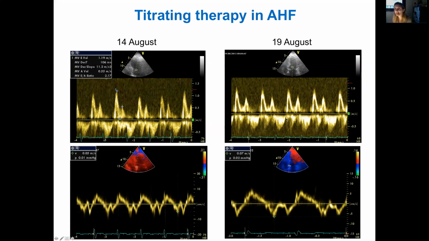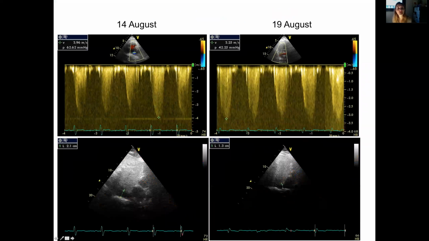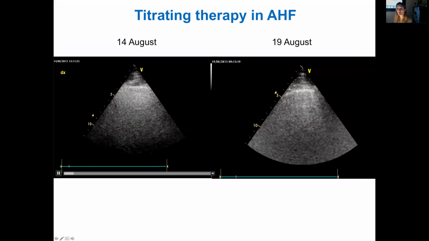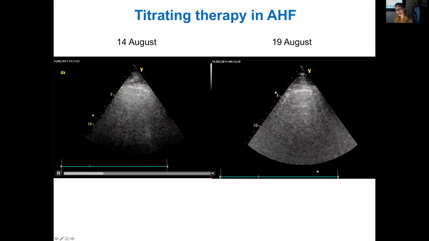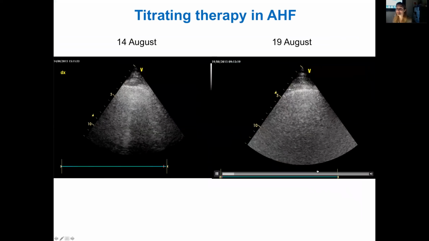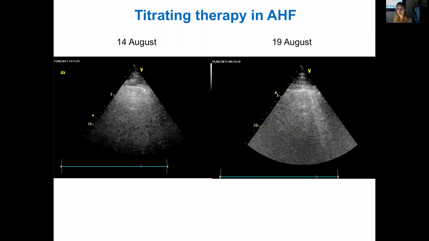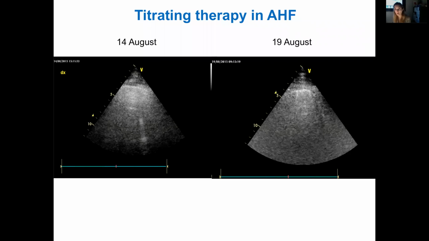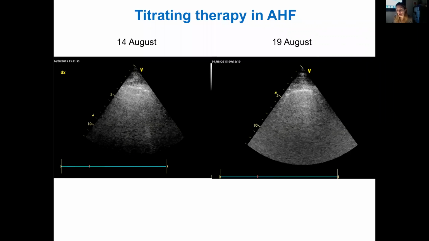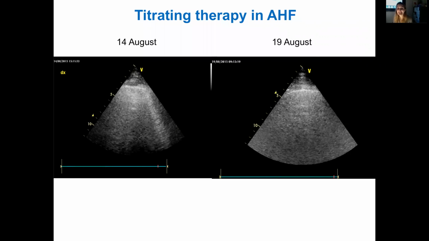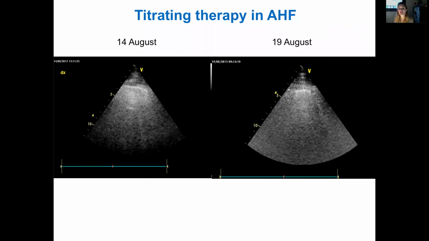I'm not going into details, but I can tell that they are improved. The pulmonary systolic pressure was lower, the vena cava was smaller and could collapse, and also the B lines, which were much more numerous on the 14th of August, were still present, a few, but less numerous on the 19th of August. So again, a very simple tool that can make you feel much more confident in the follow-up of the patient. This is an example of an outpatient, but you can have the same approach with inpatients, as we have seen with all these research papers that I have shown you.